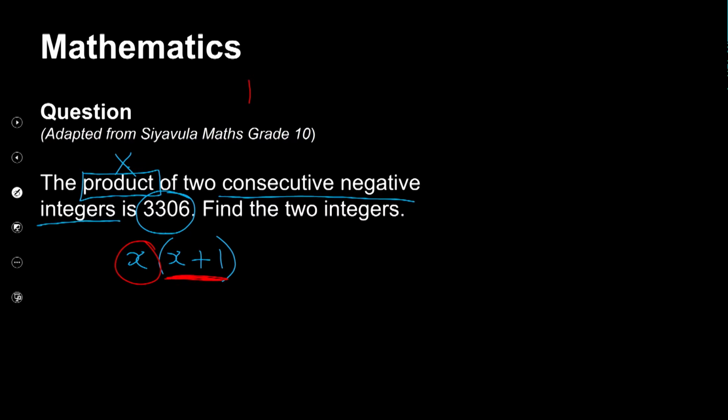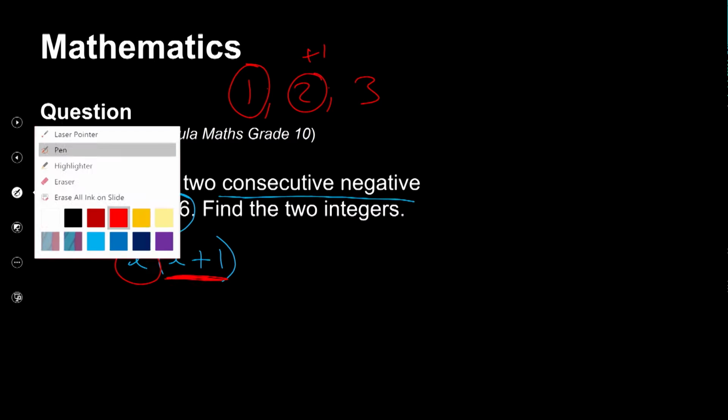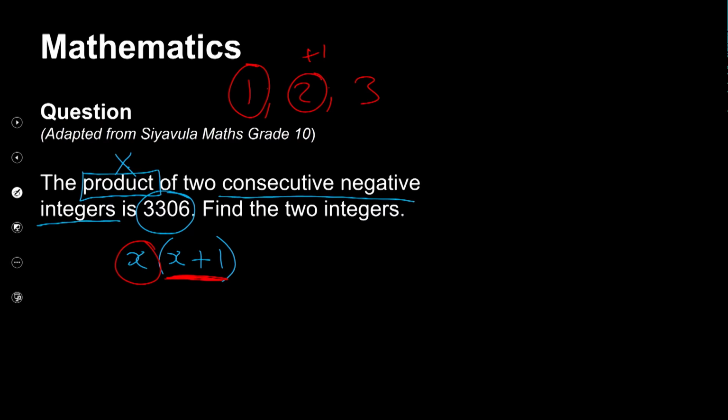So if I say 1, 2, 3, then 1 and 2 are consecutive to one another. Why? Because 2 is one more than the previous number that we had. So that's why I'm making it plus 1 there. And we are told that this is equal to 3,306. Now I need to find what x is so that I know what my two numbers are.